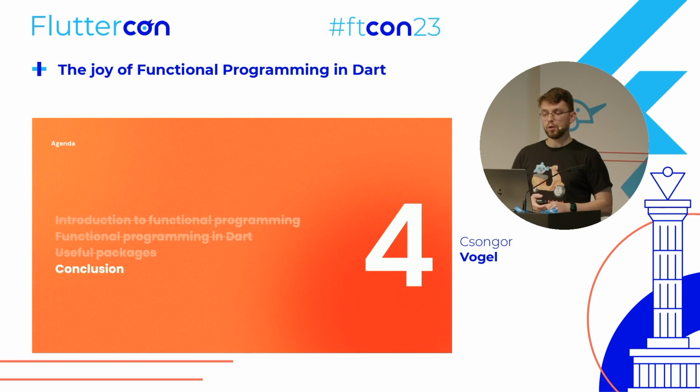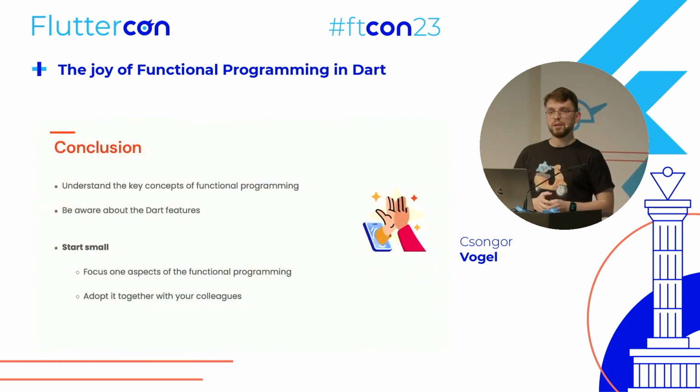Let's go into the conclusion part of it. To summarize what we learned previously, the main thing is that we always need to understand the main concepts of functional programming and apply them on a daily basis. The good thing about functional programming, focusing on immutability and purity, is that it will still help us in our daily work. We will adopt and receive much more testable code.